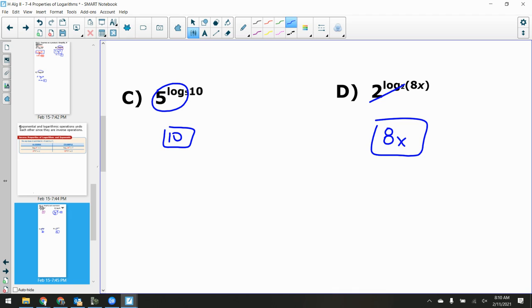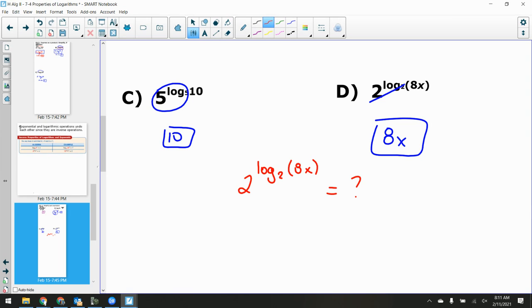Now, why is that happening? Let me show you here. 2 to the log base 2 of 8x. Because this seems like an odd rule. Let me ask you this. If I were to say, well, what does that equal? Look what I'm going to do. This is technically an exponential form. I've got a base, an exponent, and it's equal to something.